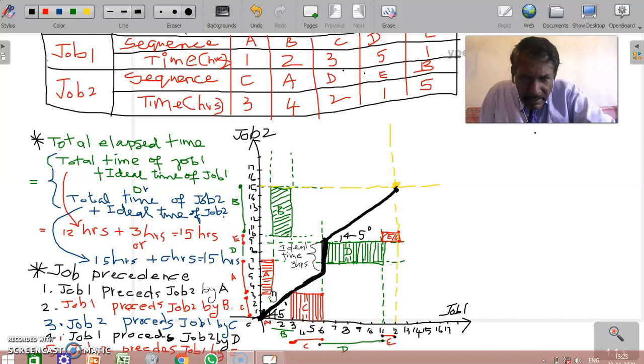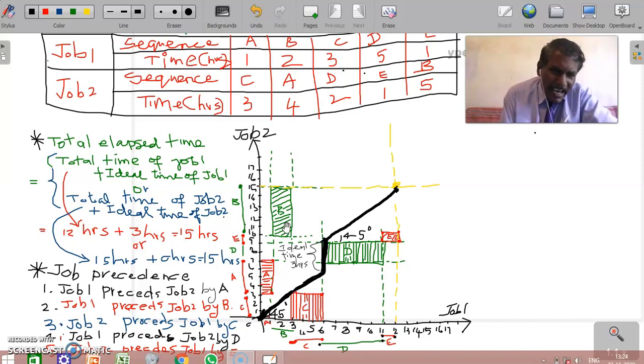Extend this, extend this, extend this. The intersecting area is B. This rectangle shows the B processing time for both jobs.